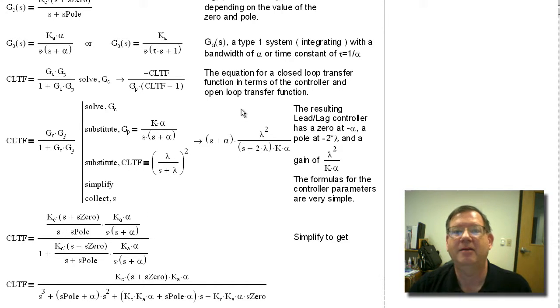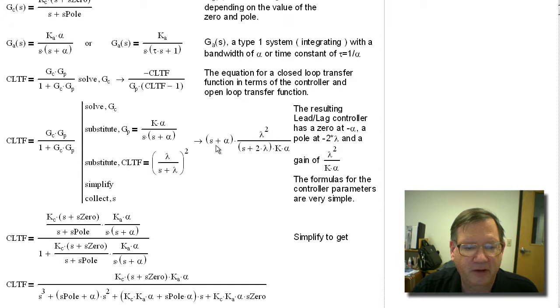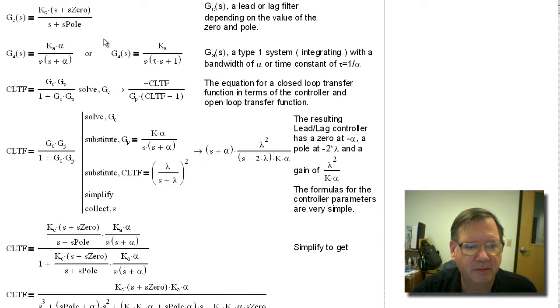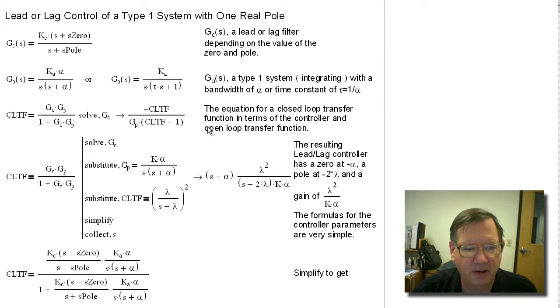And what I get is a transfer function. This is the controller transfer function. And it looks like this, and there's three parts to this. This is the 0, the lead part. Go back up here. S plus 2 times lambda is the pole, so we have the pole at 2 times lambda.